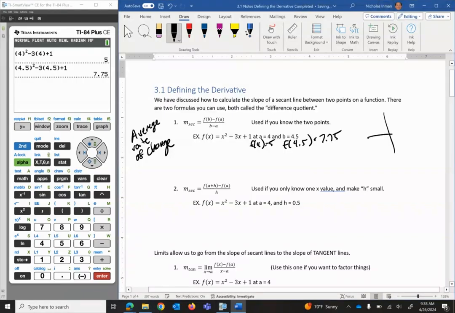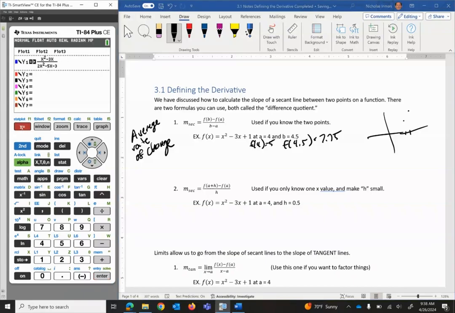So at 4 and at 4.5, I was originally at 5, now I'm at 7.75. It's a quadratic, so the graph should have just done it this way.